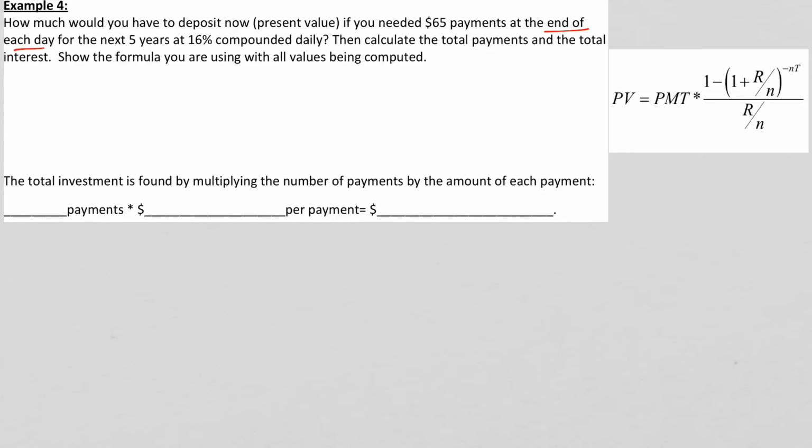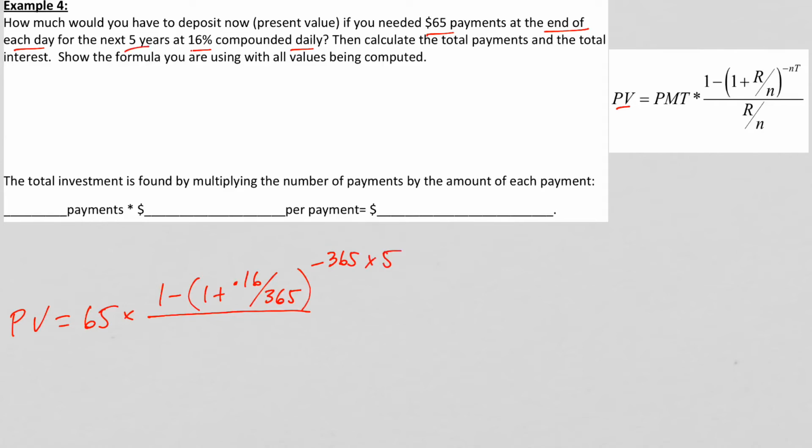And so how much do we have to deposit now? That's a present value. So this is going to be our payment size, which is $65 times 1 minus 1 plus our rate, which is 16%, and this is daily, to the negative daily for 5 years.